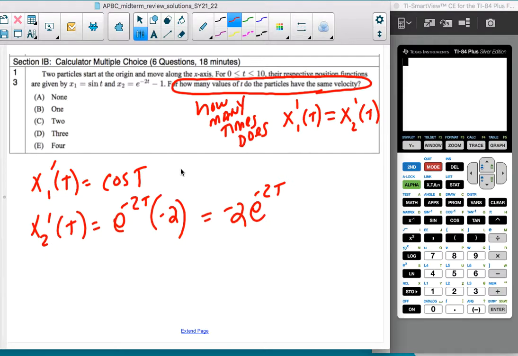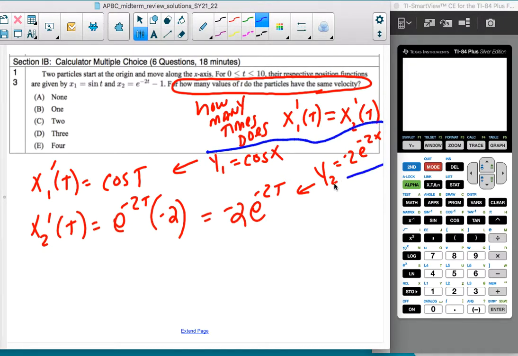So you can either do y1 is cosine of x, and y2 is negative 2e to the negative 2x, and you could second calc intersect. So this is one option. You could do it like this, and then count the number of intersections, right?